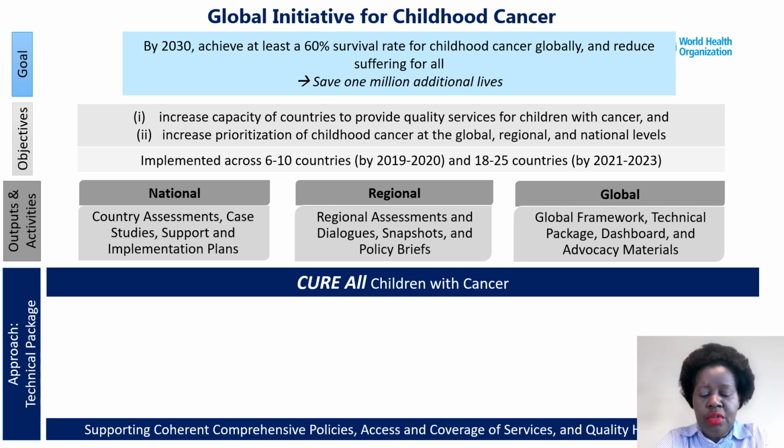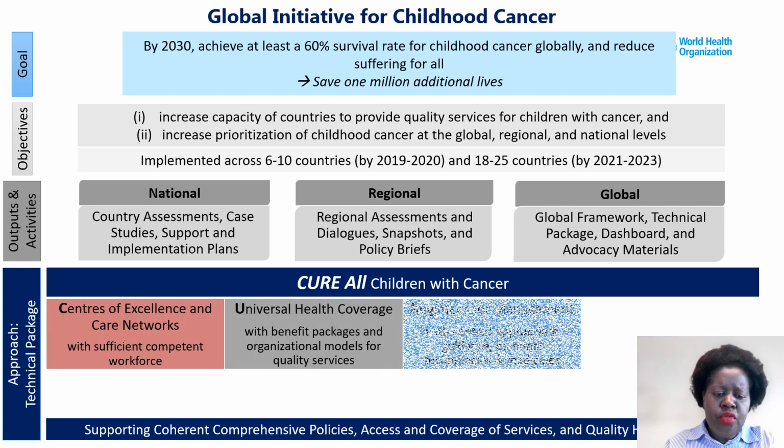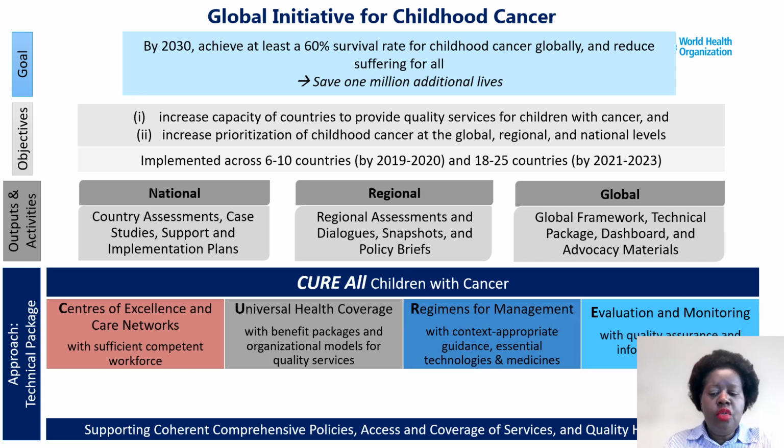At the global level, they're looking at the global framework and the technical package, which I will talk about. The approach to the GICC is through what is known as the CURE-ALL technical package.